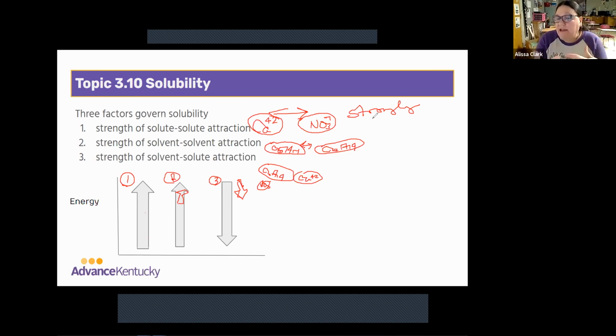So the attraction between a water molecule and an ion, which is a solute-solvent attraction when you form an aqueous solution, is pretty strong. But the attraction between a nonpolar molecule and that ion is not terribly strong and is not enough to overcome the attractions that the two ions have for each other.